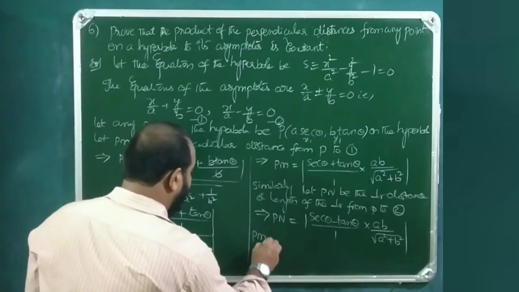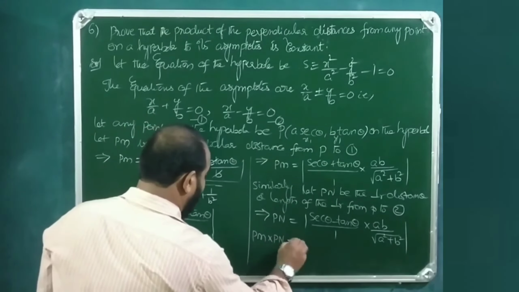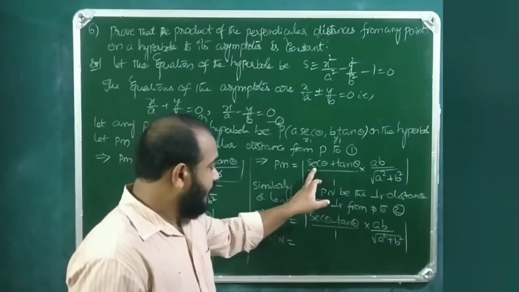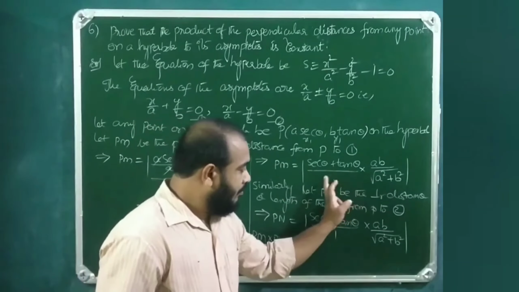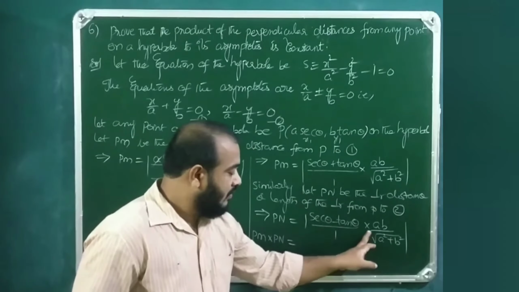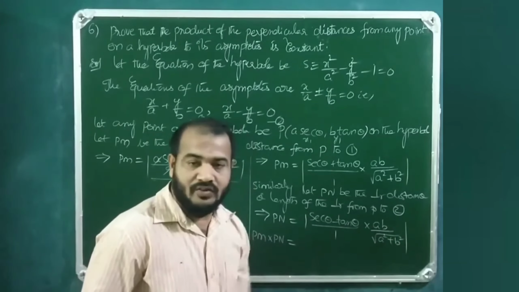Now the product of the perpendiculars PM into PN is equal to this into this. So secant theta plus tan theta into ab by root of a square plus b square, into secant theta minus tan theta by 1 into ab by root of a square plus b square.